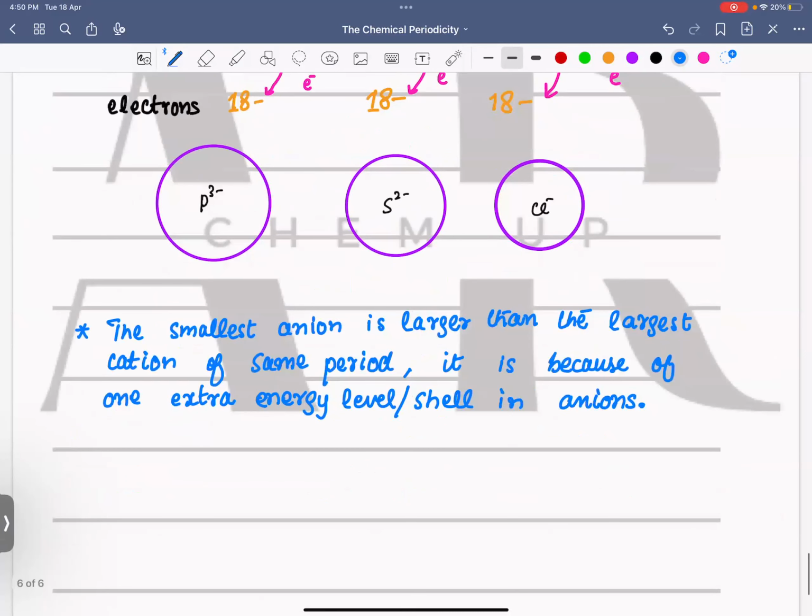Yes, is this point understandable to everyone? Yes, is it clear to everyone?